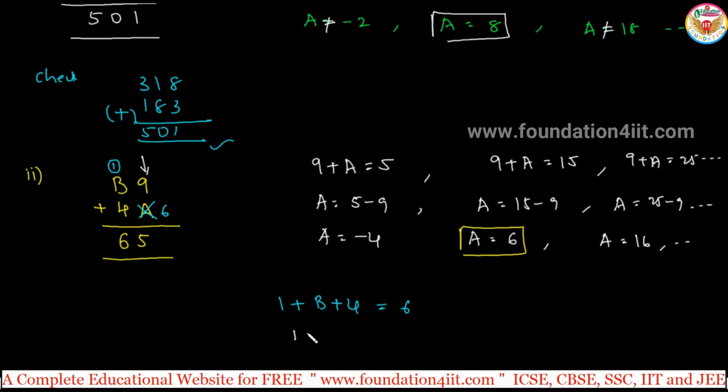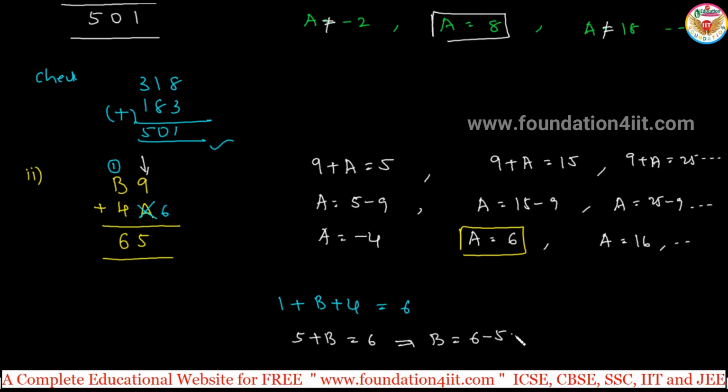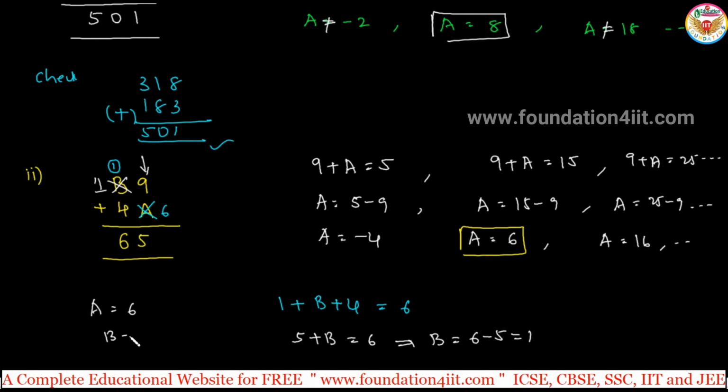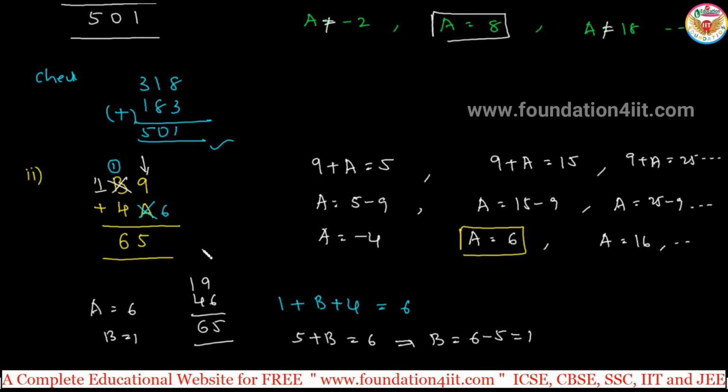So 1 plus 4, that is a 5. 5 plus B is equal to 6. So from this B should be 6 minus 5, that is 1. So in the place of B, it must be 1. So A is equal to 6 and B is equal to 1, satisfy this. That means 19 plus 46 is exactly equal to 65. So in the place of A is 6, in the place of B it's 1.